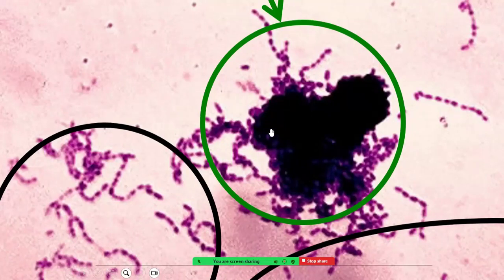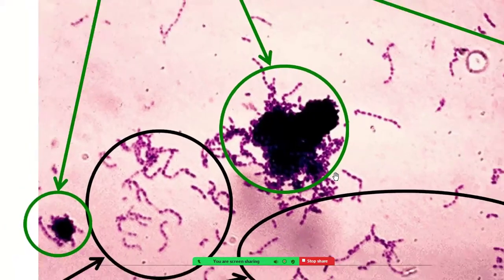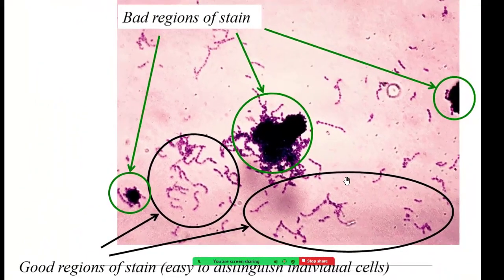And that's because the crystal violet from this crystal violet crystal can come out of the crystal and then stain the cells a purple color if they're near the crystal. And the important part is you avoid the bad regions and only make your determination near the good regions. Any question about that?